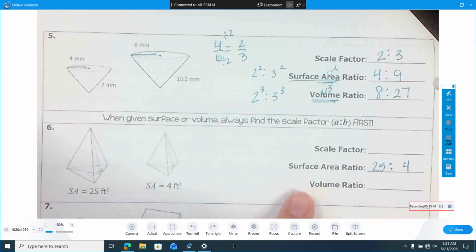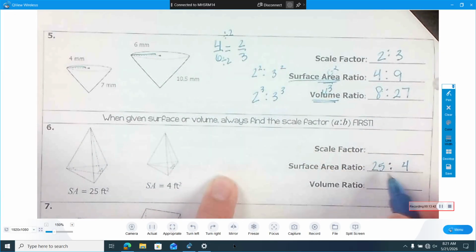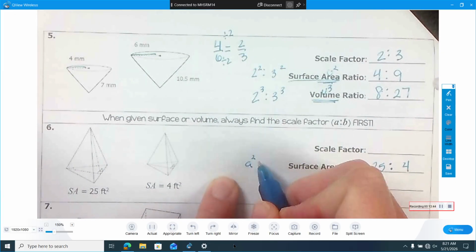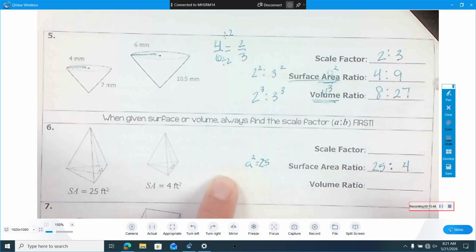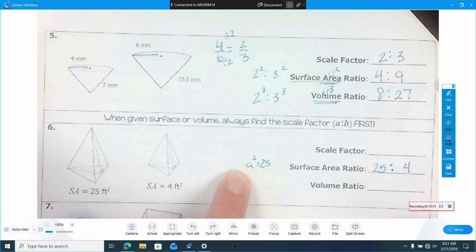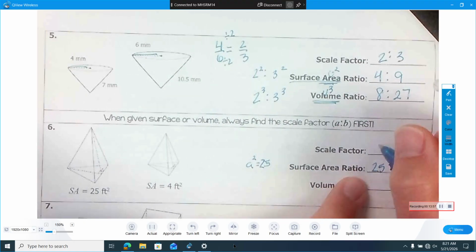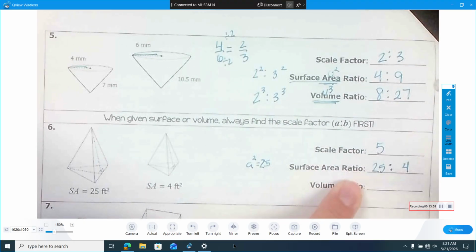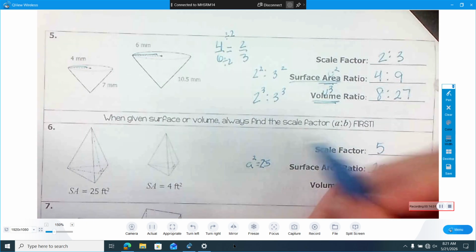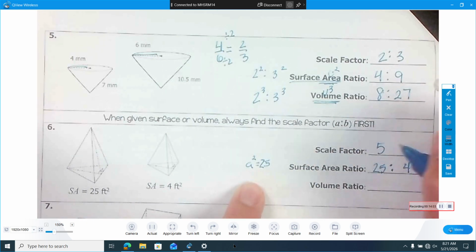Square root. Very good. Yeah. So this is saying that A squared was 25. What number? Would it be 5 to 2? 5, yes. So a number squared equaled 25, so that number is 5. And what number squared gives you 4? 2.